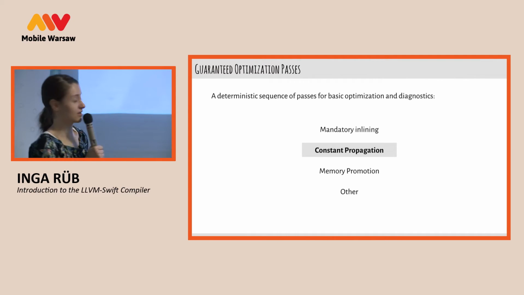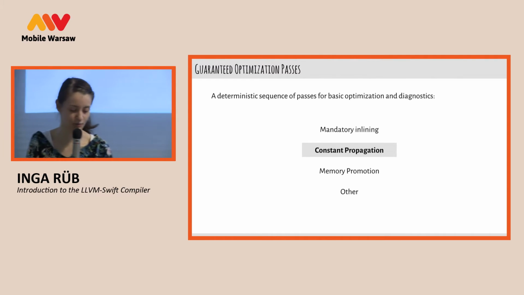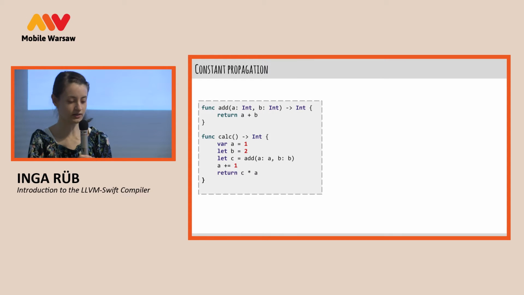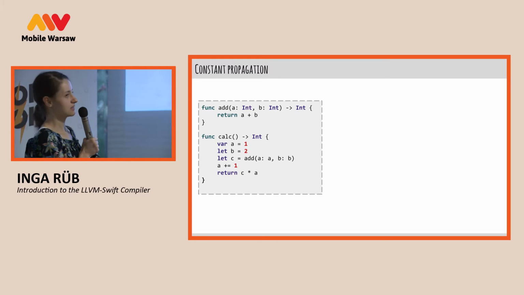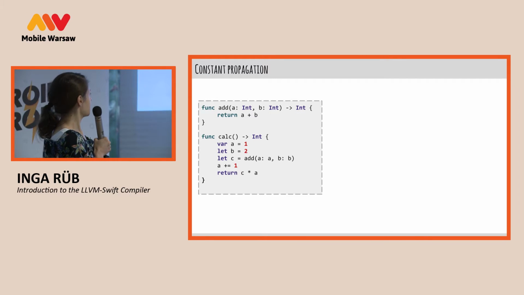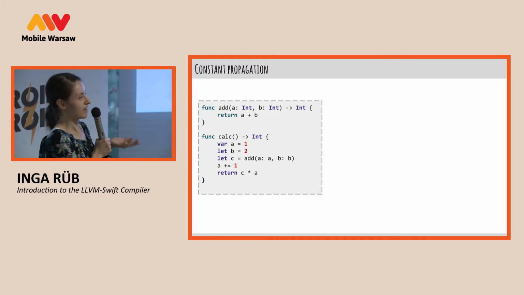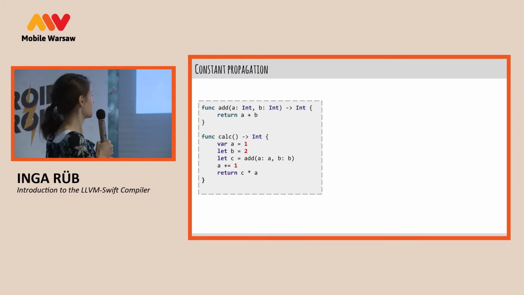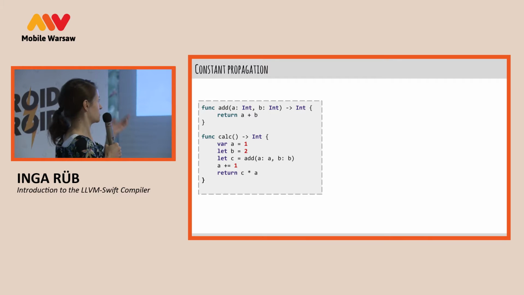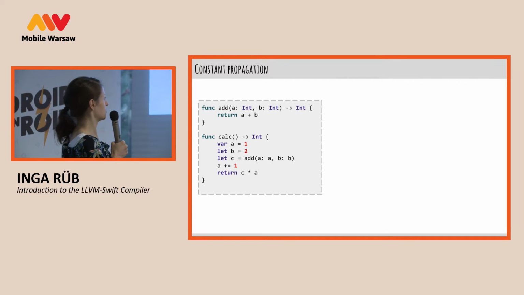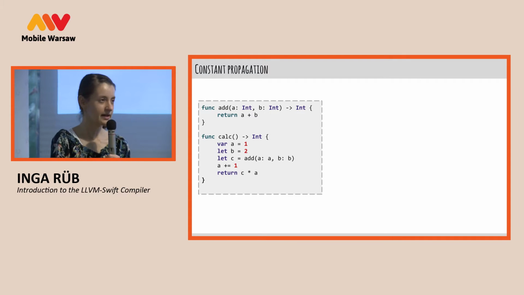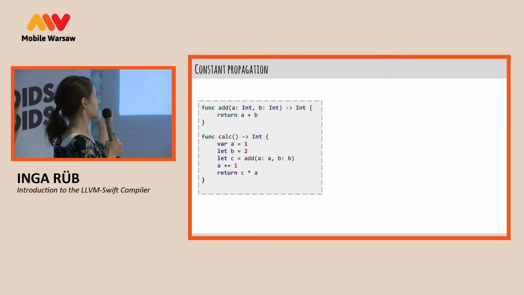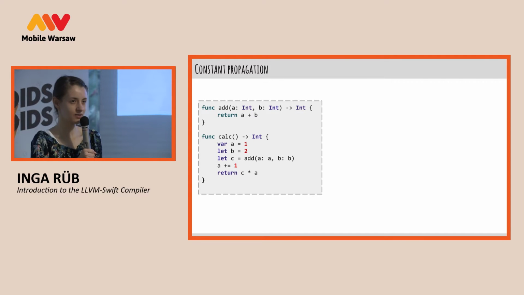Okay, so now let's move on to the next optimization. It's constant propagation. It's also probably very well known, and it's simple. We have a simple example: a function add, which just adds two numbers, and a function calculate, which refers to the function add, and it also introduces some constants. So we would like the compiler not to allocate space, not to do all these assignments, because it has constants to operate on.